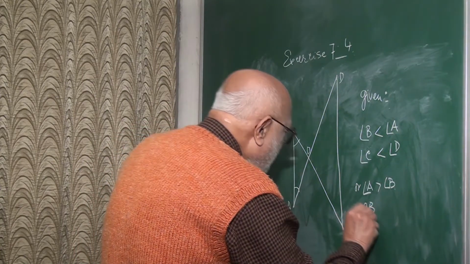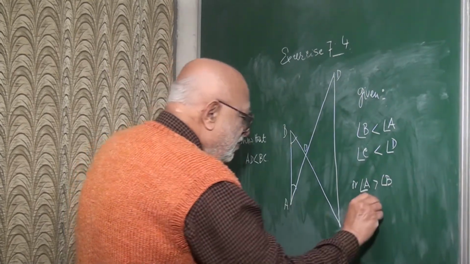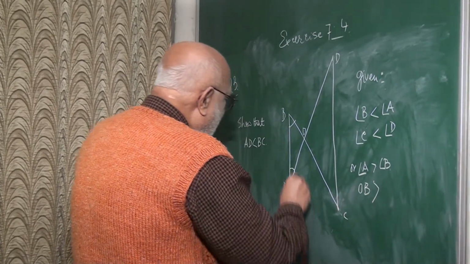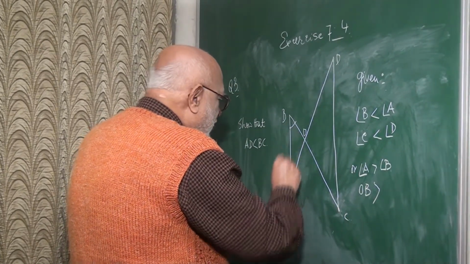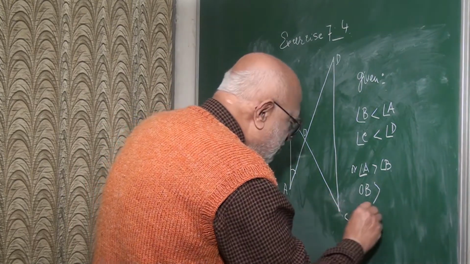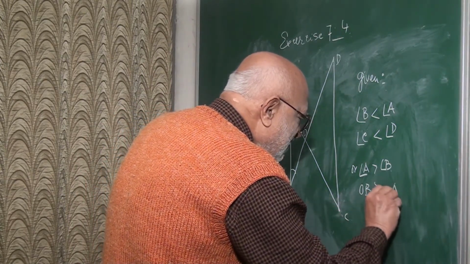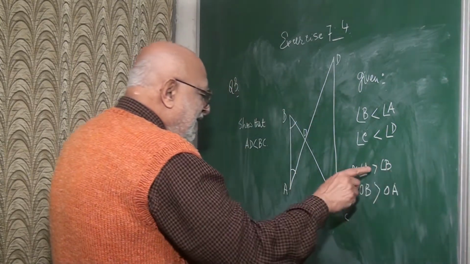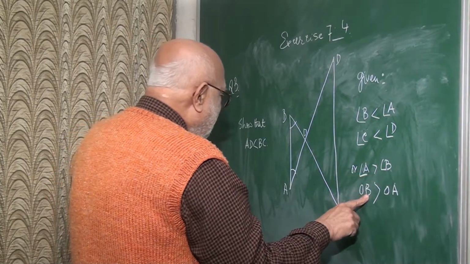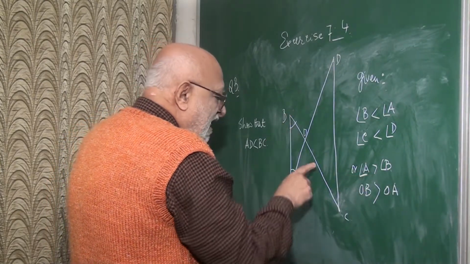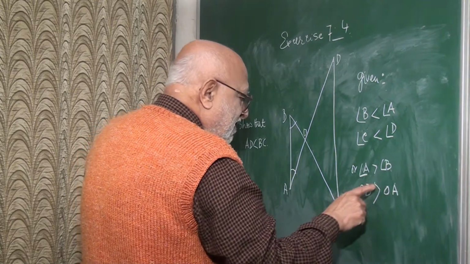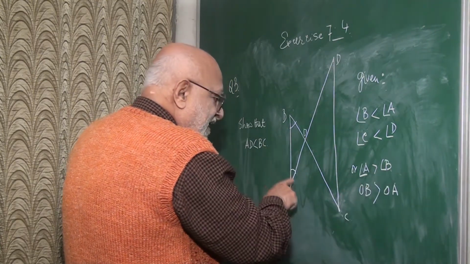Let me write OB. OB will be greater than, even though it is not showing, OA. Because opposite to angle A is OB, opposite to angle B is AO.